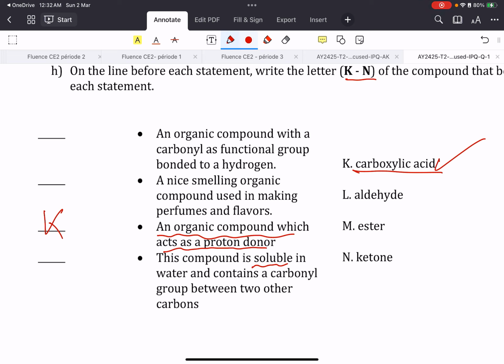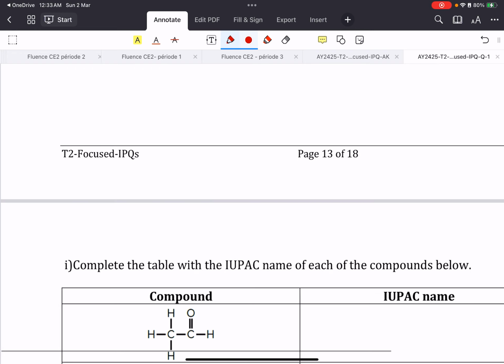All of them basically are soluble, but contains a carbonyl group between 2 other carbons. That's a ketone. A nice smelling organic compound, we're talking about esters. And an organic compound with a carbonyl functional group bonded to a hydrogen, that's the aldehyde.